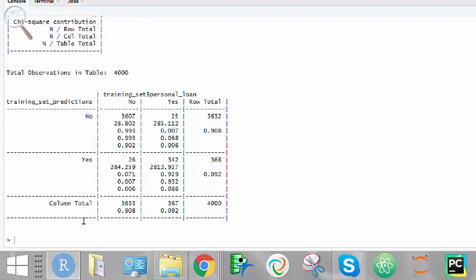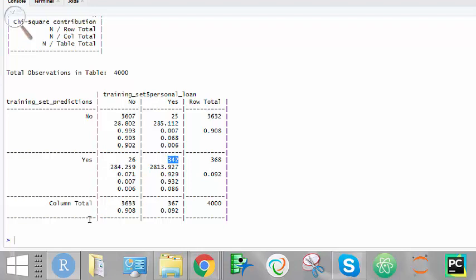Out of them, 342 were predicted correctly as a yes, and in 25 cases, my model messed up. It was a yes, but it was predicted as a no. So out of these people who I want to predict all of them correctly, in actuality 342 were predicted correctly. And that, my friends, is sensitivity.